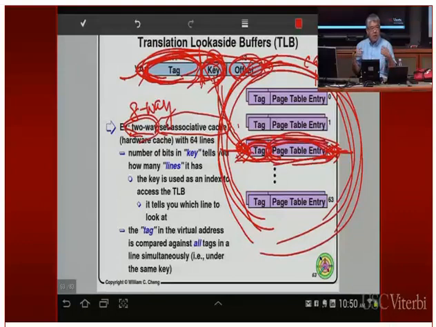Also, once I start running a user process, I'm going to load the translation look-aside buffer for this user process, or I'm just going to clear it. When this user process starts to execute, I start loading up the translation look-aside buffer with whatever things I look up.